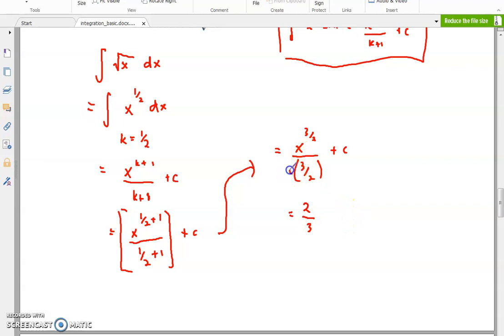You bring the x cube up. So 3/2 here, you bring it up, so it becomes 2/3 x to the power of 3/2, still maintaining the things here, plus c. Since you only have 2 layers of your fraction, you can stop now.